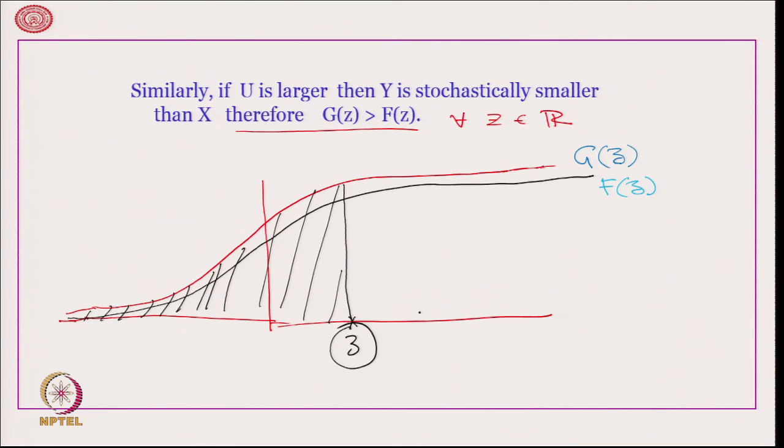Therefore, most of the x values are going to happen on the other side of z, that is on this side we shall get more x values than y values. That is why we say that y is stochastically smaller than x if g z is greater than f z.